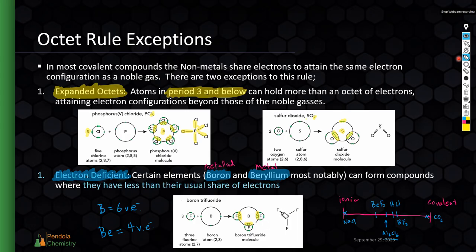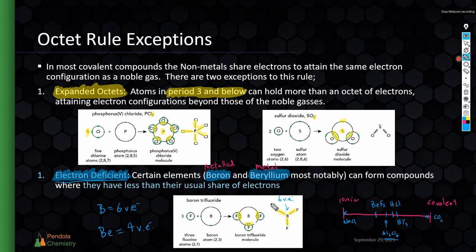When boron trifluoride forms, it only forms 3 single bonds to boron, meaning that boron is electron deficient, in the sense that in this compound, and basically in every compound boron forms, the boron only has 6 valence electrons. But it's still happy, it's still stable. That's why it's an exception to the octet rule.